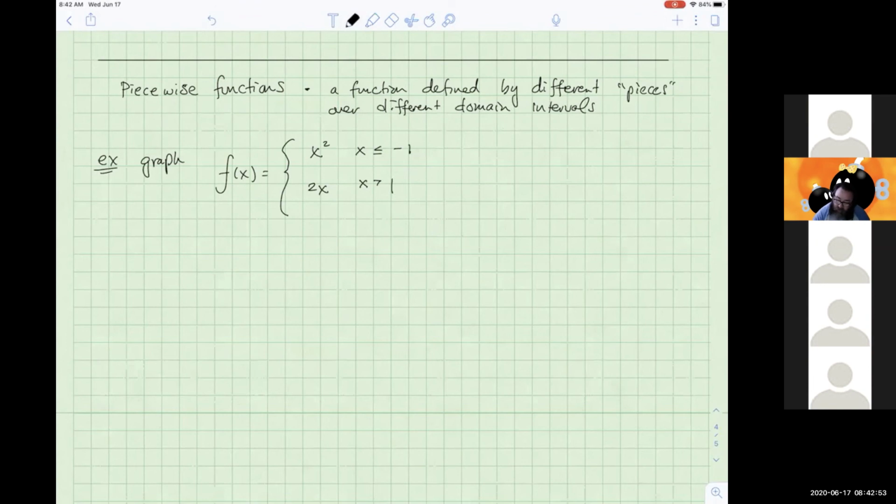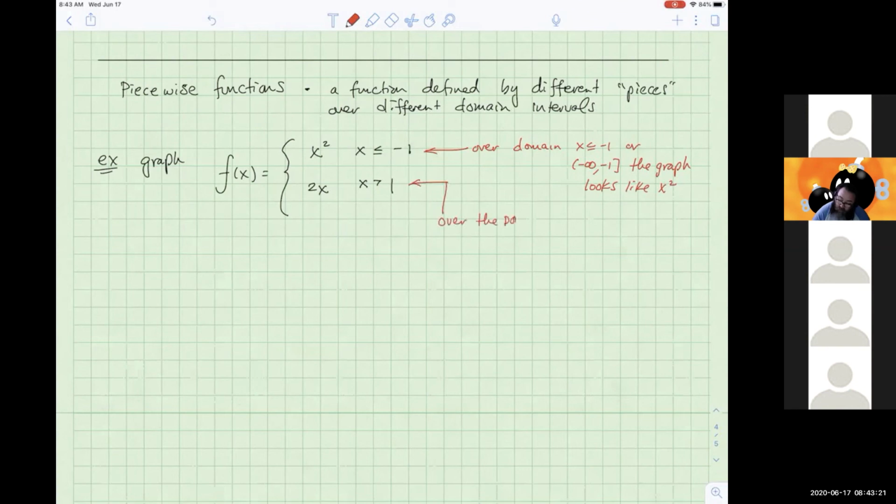So over the domain x less than or equal to -1, or -infinity up to -1, including -1, the graph looks like x squared and has the properties of x squared.